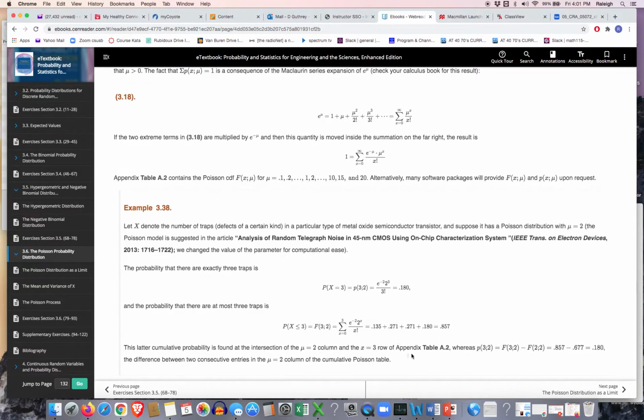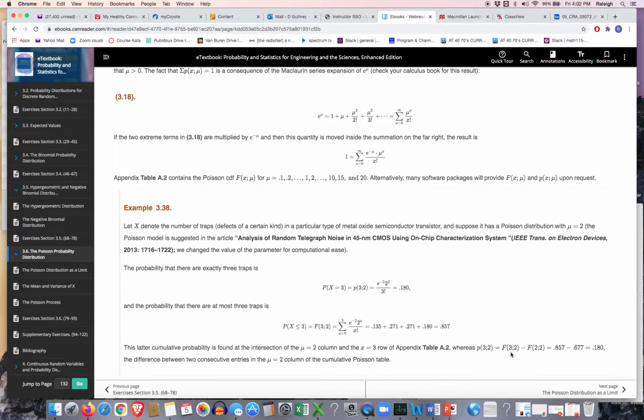And so the latter cumulative probability could be found in the table. I'm not going to dig that up and show it to you this time. But if you need to find just the individual value, 0.180, you just subtract two cumulative probabilities. Capital F means you're looking at the cumulative distribution function. The one at 3 and the one at 2, subtract the 3 on back, 3 down to 0 minus 2 down to 0 gives you exactly 3.